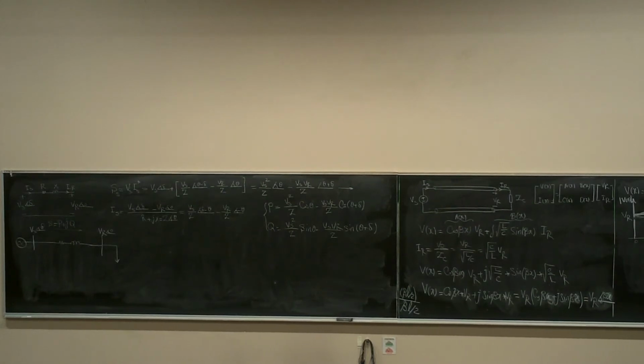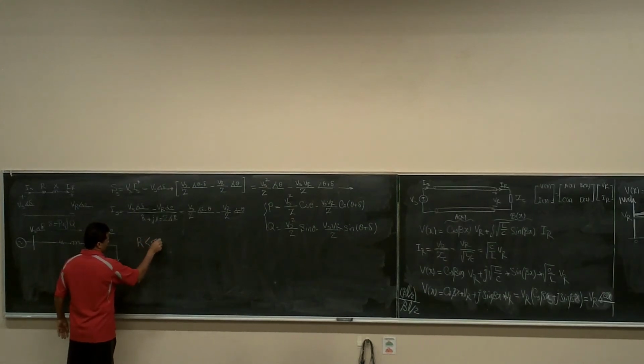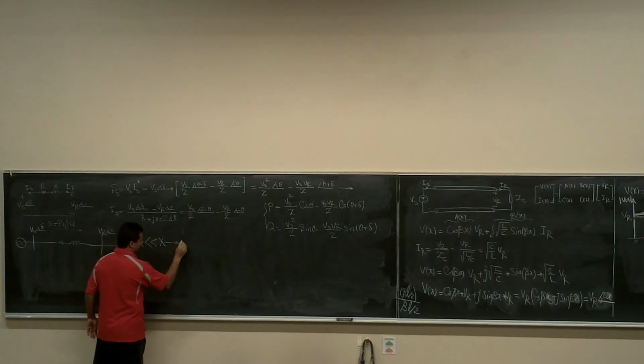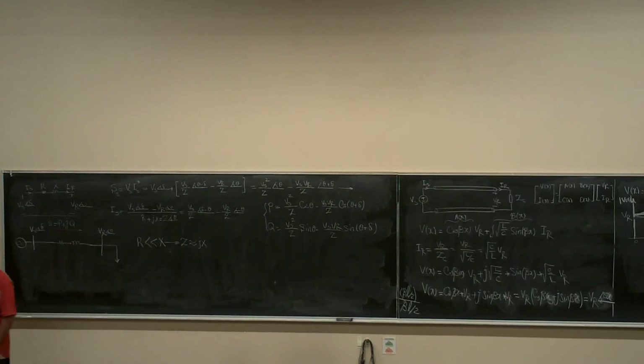Let's do a little bit of approximation here, because usually R is much smaller than X. Let's say R is much smaller than X. Basically, Z is equal to jX, right?